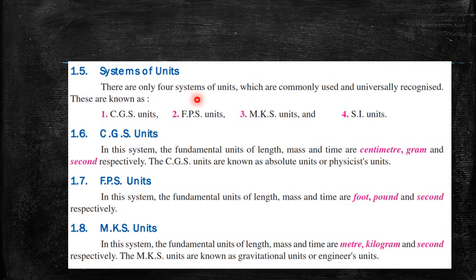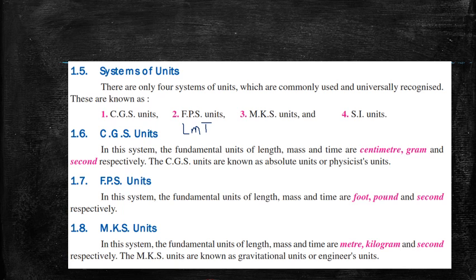We have 4 systems of units: the CGS units, FBS units, MKS units, and the SI unit or International System of Units. These systems indicate length, mass, and time units.